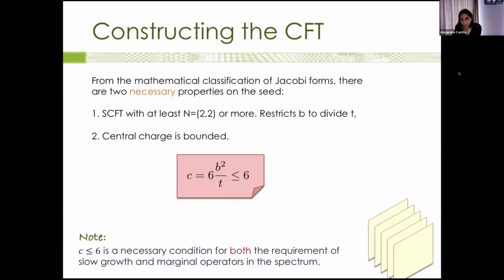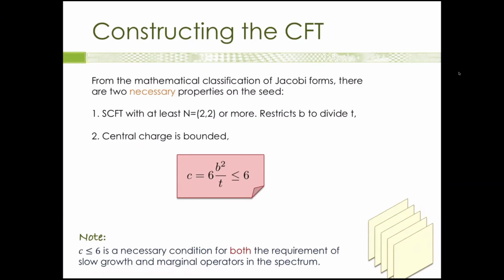That part is very easy to see, but for the slow growth, it requires detailed analysis. It's very satisfactory that they're both the same condition. We were very happy to see that, as necessary conditions, they were exactly the same.